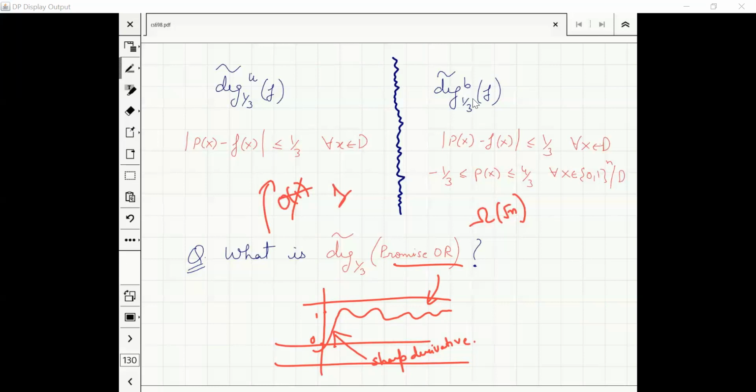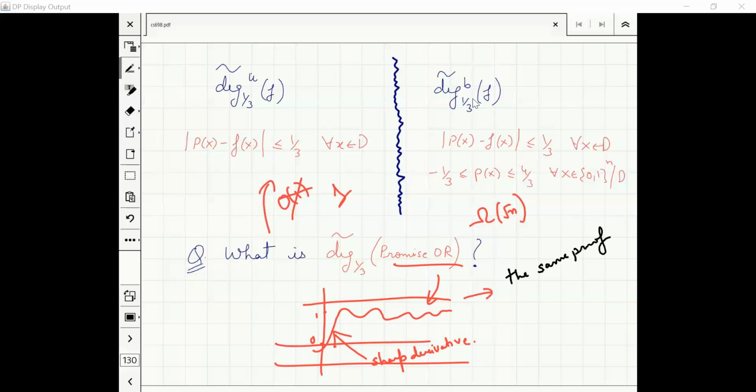By the way, the same argument also shows that for any symmetric function which is non-trivial, that means it is not constant 0 or not constant 1, approximate degree is at least omega. Do you see that the same proof goes through?